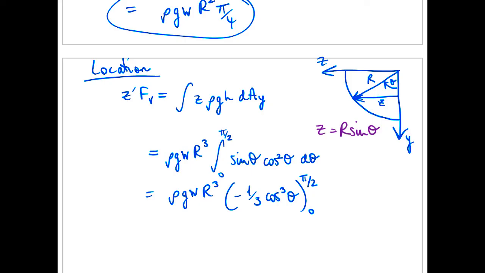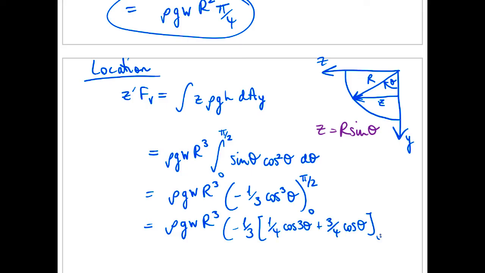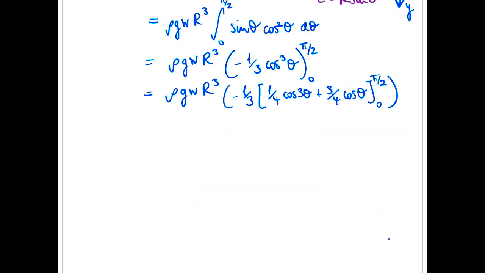I'm going to substitute in for cos cubed theta. Now we sub in the pi over 2 and the 0 limits. The pi over 2 ones make it go to 0, but then when we sub in 0, the term in the square brackets becomes -1, so we're just left with the following.